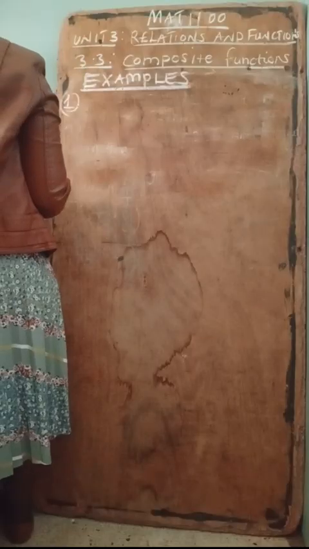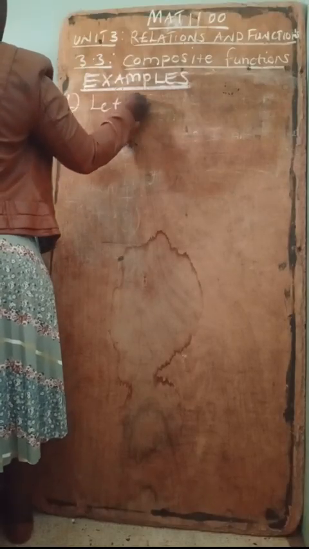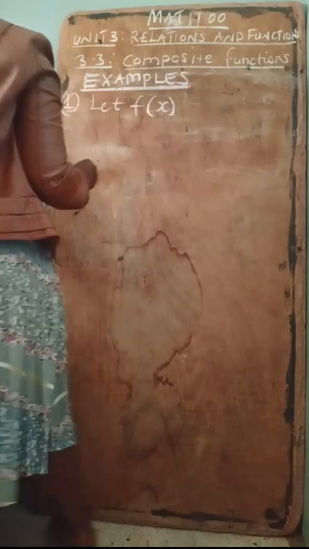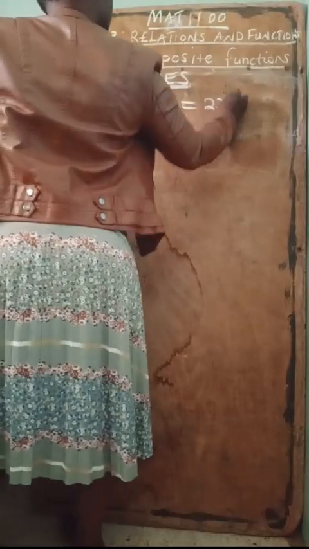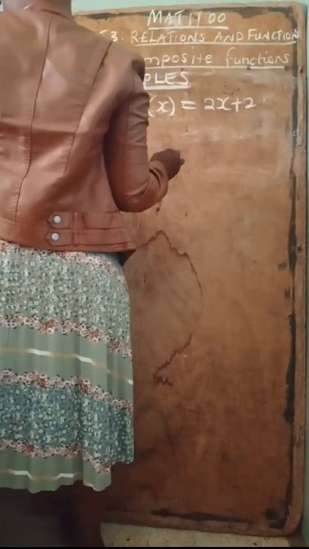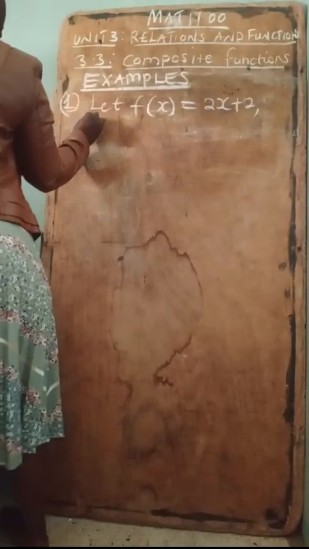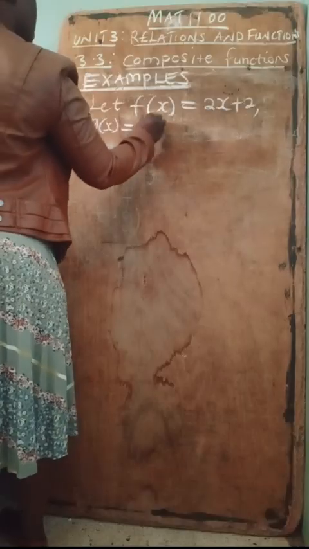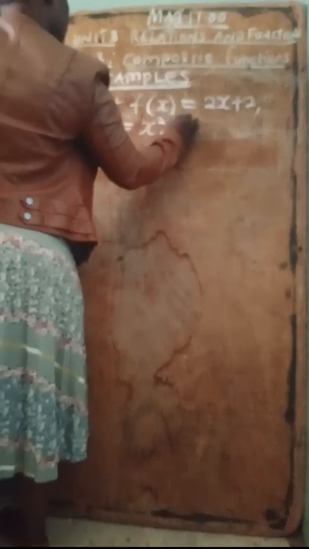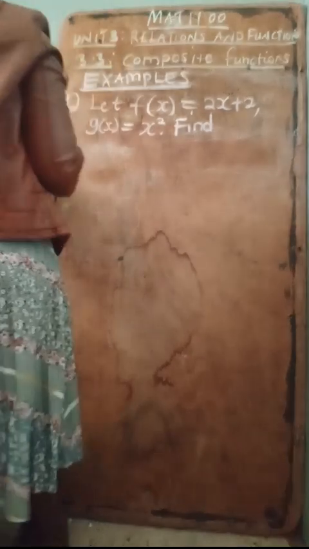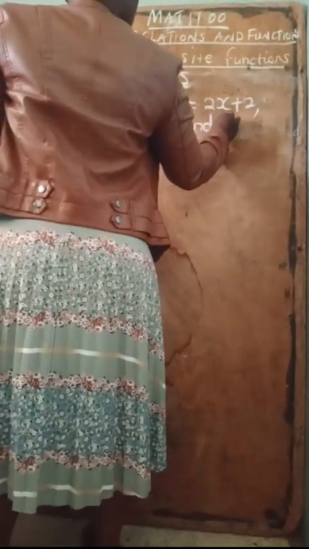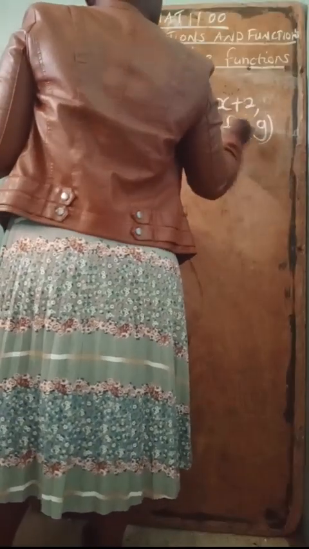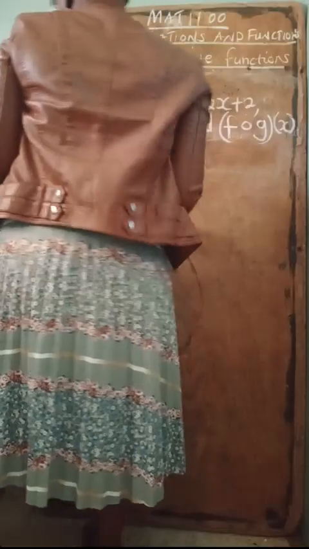We are looking at example number 1, which says: let f of x be equal to 2x plus 2 and g of x be equal to x squared. Find f of g of x.